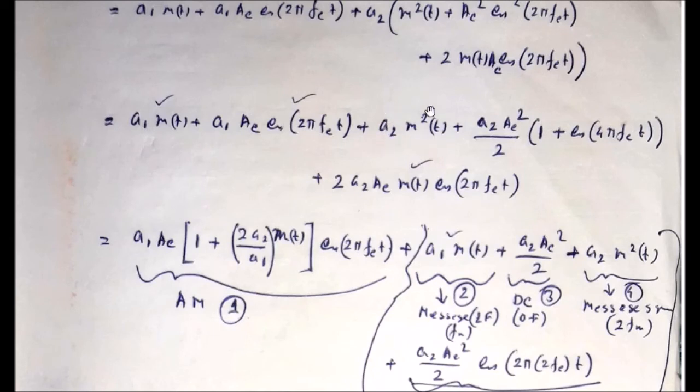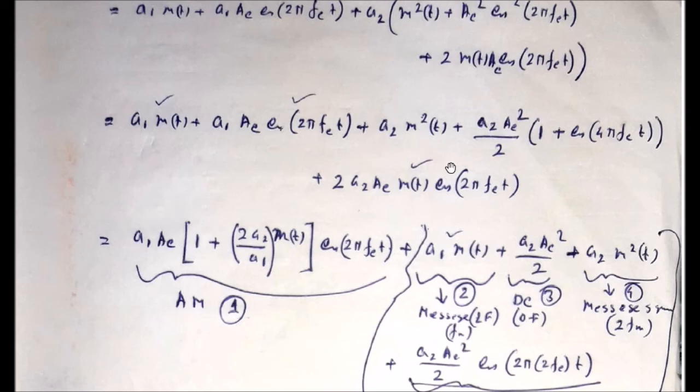Next term, a2 m squared(t). Now see, a2 is one scaling factor, and m squared(t) means the message signal squared. Now you know that if the message signal is, suppose, cos theta, its square should be equal to cos square theta.